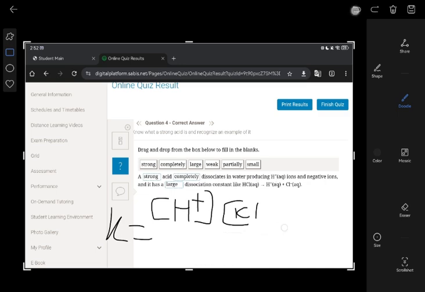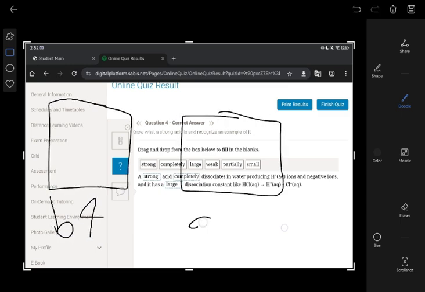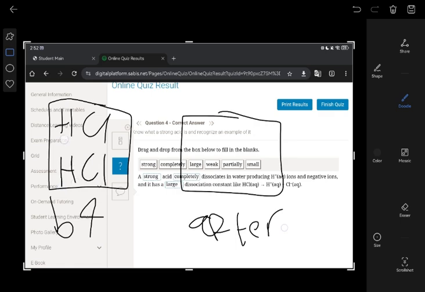So I'll give you an example. Let's say this is before, okay? And this one is after. So you have a bunch of HCl's, yeah? HCl, HCl, HCl, like that.